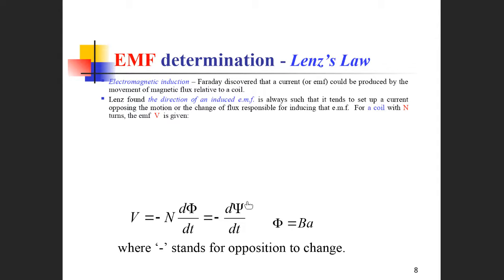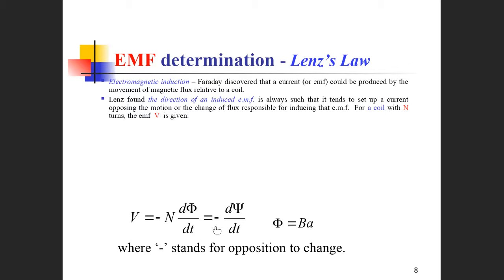If there is a change in time of the flux linkage to the coil, then there is an induced voltage on the coil. The negative sign states that the induced voltage is against the original change of the current.